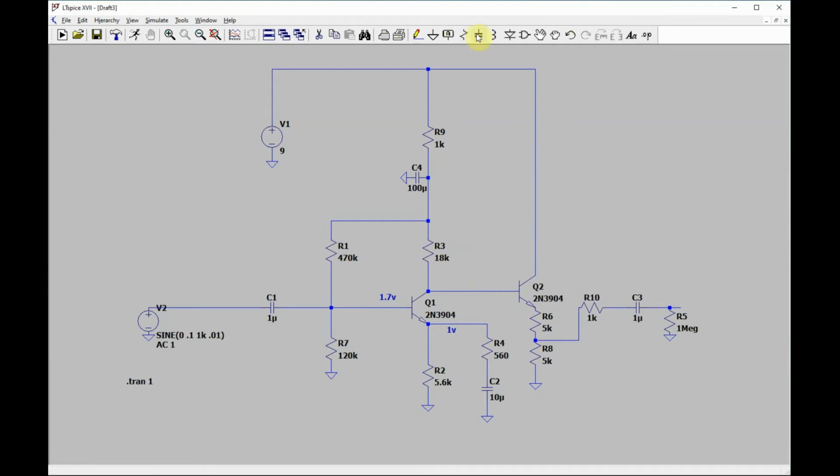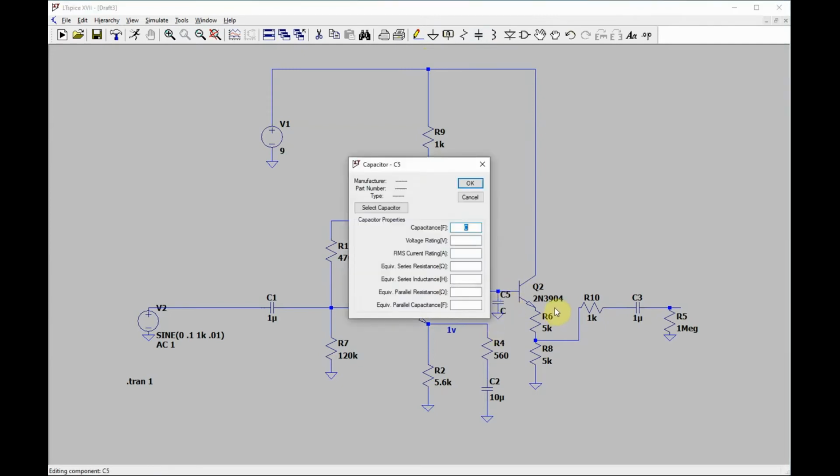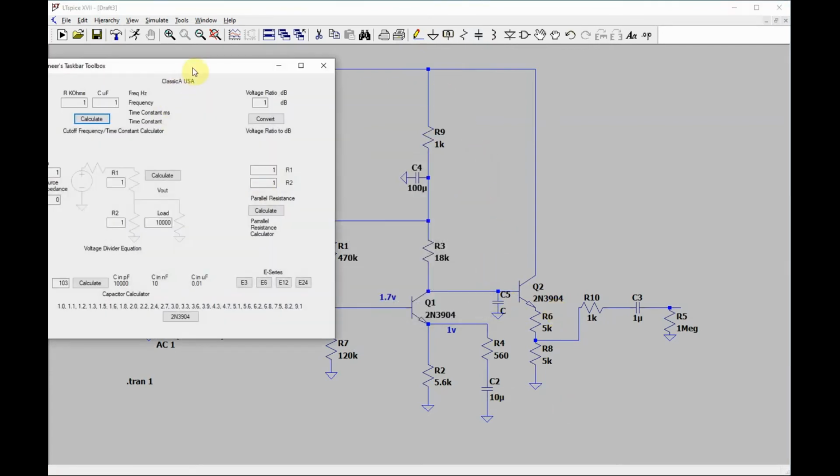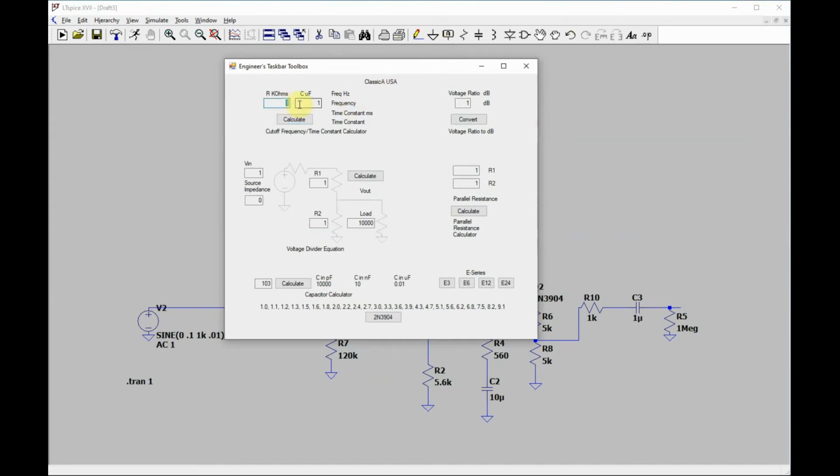Sometimes, if this is like 18K, you can put a little treble bleed capacitor here and make it whatever value is appropriate. Say 18K, and we're going to set this really low.